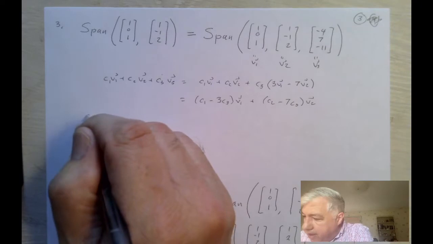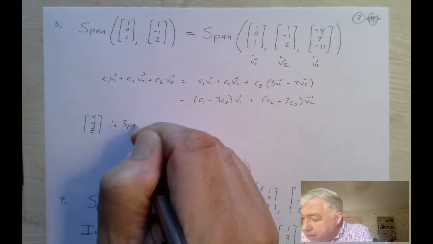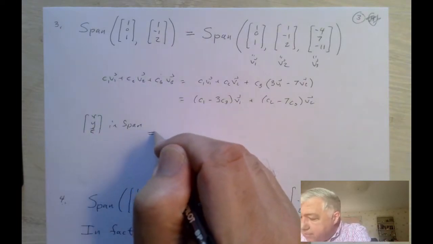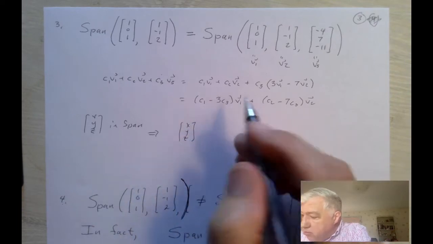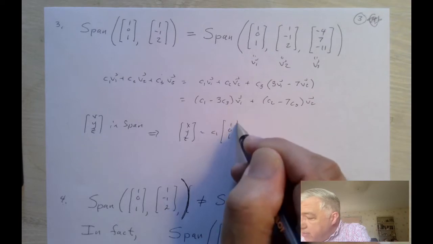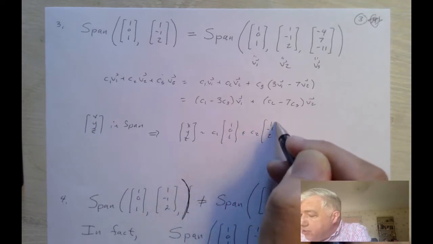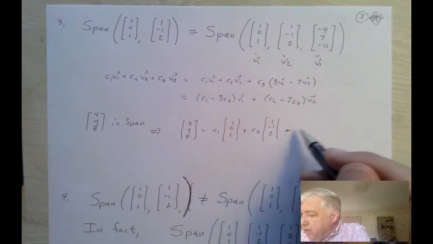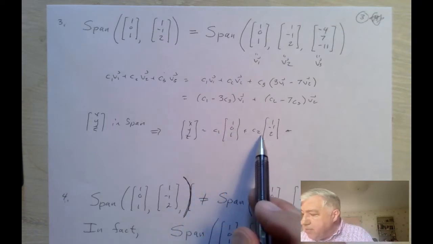So if we say that xyz is in the span of these two vectors, we're saying that xyz is some number, we can call it C1, times (1, 0, 1) plus C2 times (1, -1, 2). This tells us that xyz is some number times this vector plus some number times this vector.